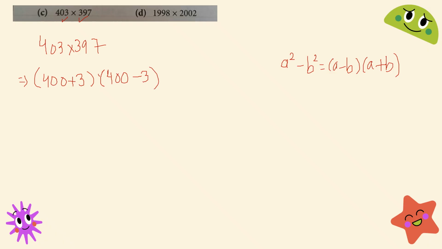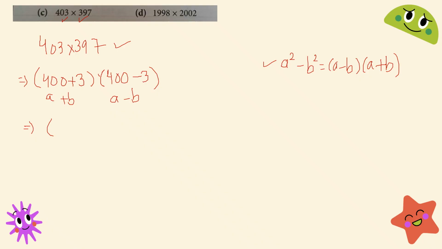Now you will also be seeing this identity here, that is (a plus b)(a minus b), which is basically a square minus b square. So see, the first term in both the cases is the same. There is a plus sign in the first case and a negative sign in the second case, and the second term is the same in both cases. So of course you are going to apply the third identity, which is a squared minus b squared is equal to (a minus b)(a plus b).